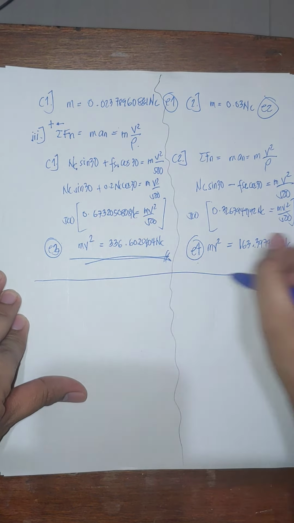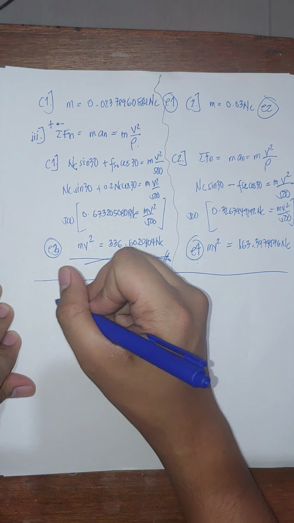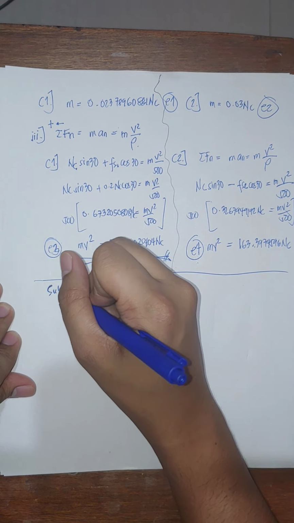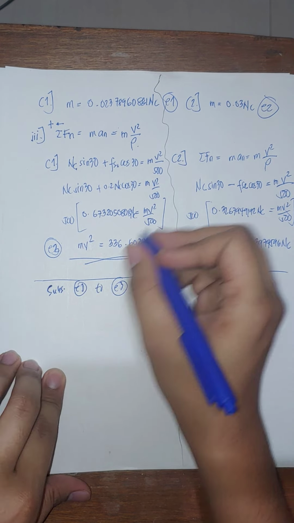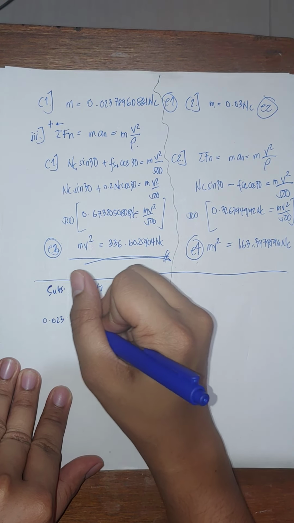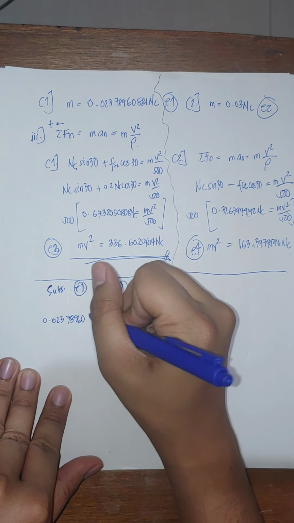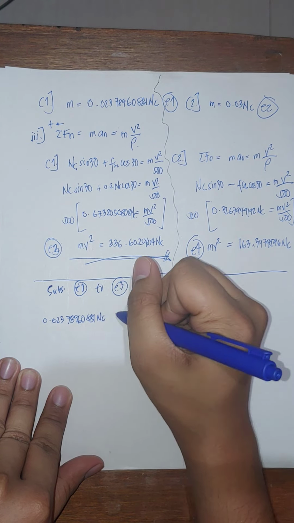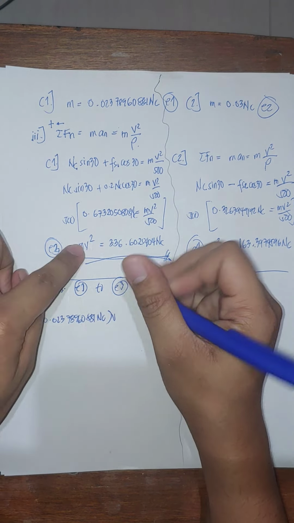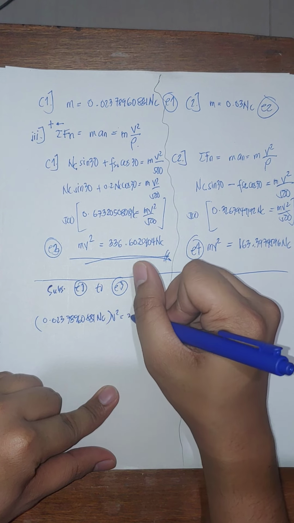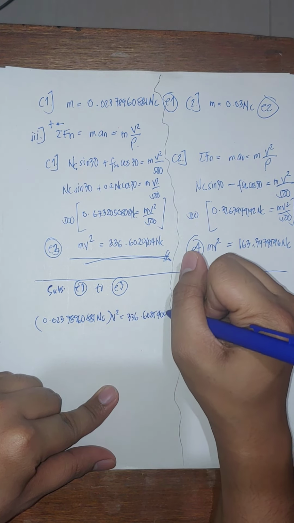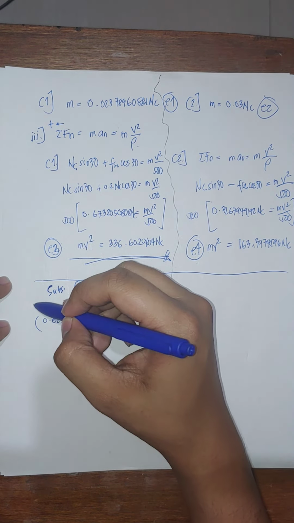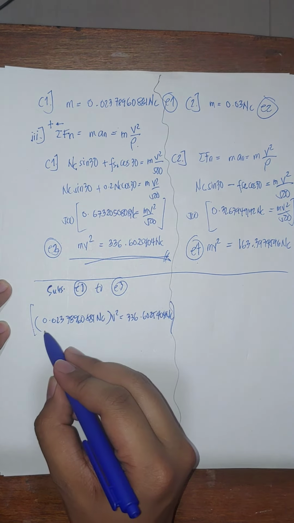So, rewriting equation 3, we substitute equation 1 to equation 3. We have 0.02378960881 NC. We have the v squared equal to 336.6025404 NC. So we divide the whole equation by this value.